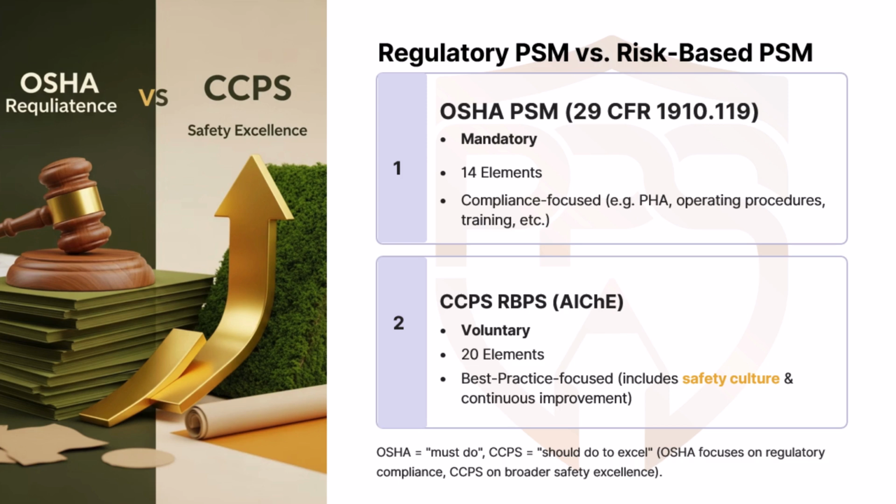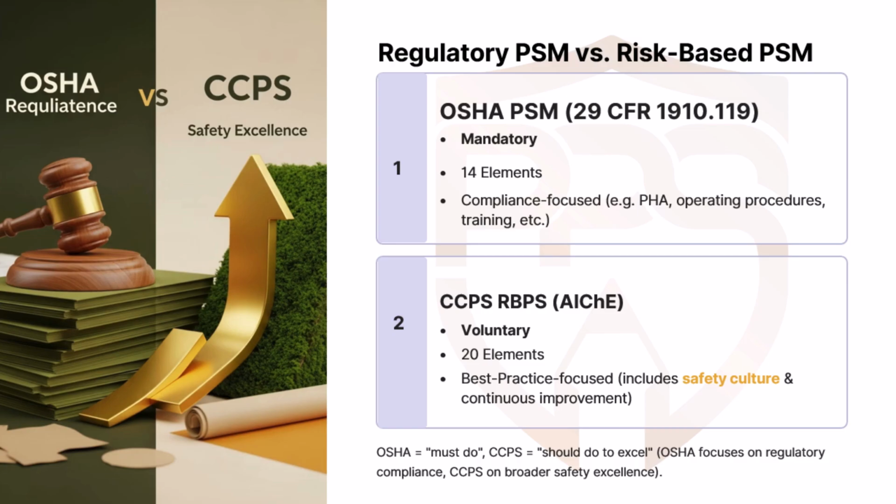The CCPS RBPS 20 elements are voluntary and more extensive. For example, process safety culture is one of the CCPS elements, which means fostering an organizational culture where safety is a core value, something not explicitly required by OSHA, but obviously beneficial.